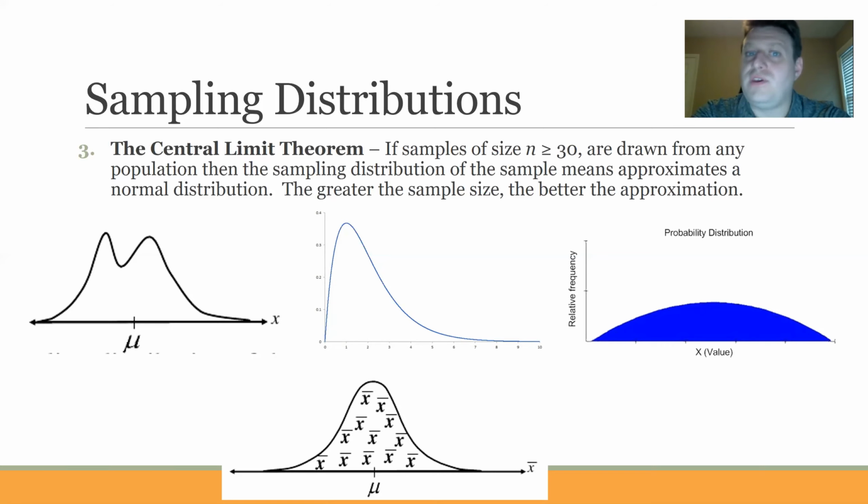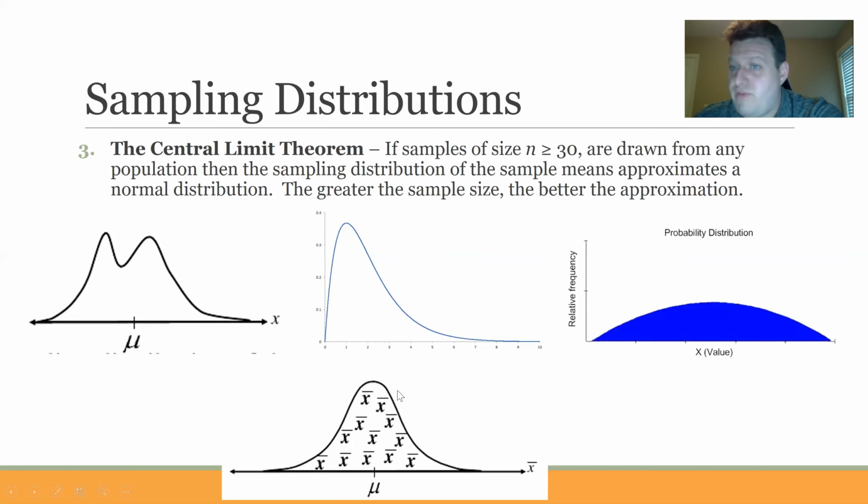We're going to use the normal distribution to answer questions about any kind of data. It doesn't matter what that data initially looked like. It doesn't matter how ugly that distribution looks. Our sampling distribution from that population distribution is going to be normally distributed, and we can use the normal distribution to answer our questions.